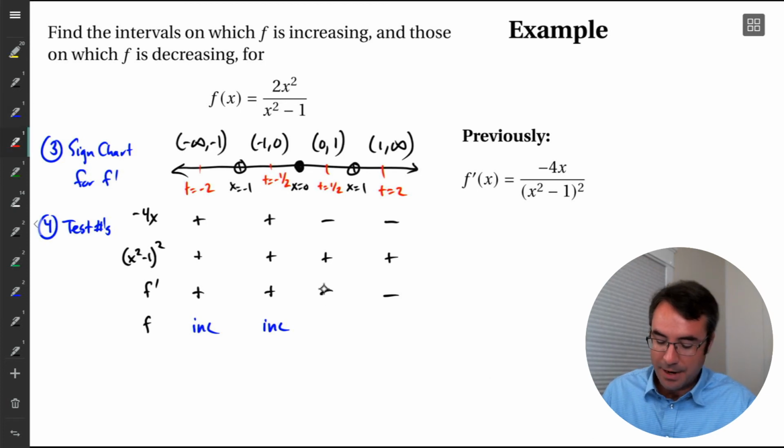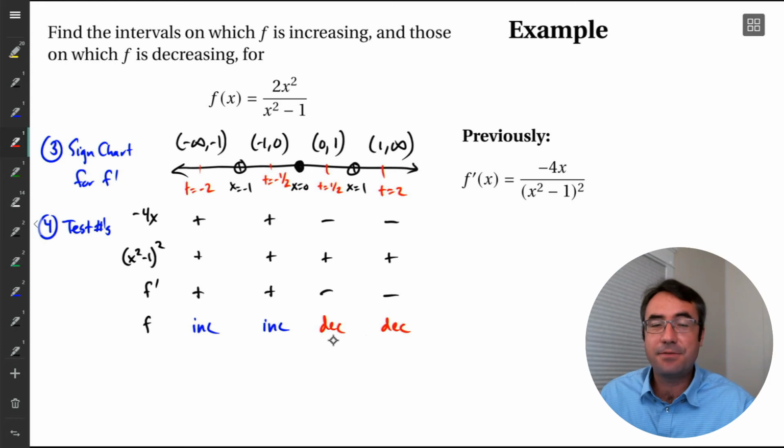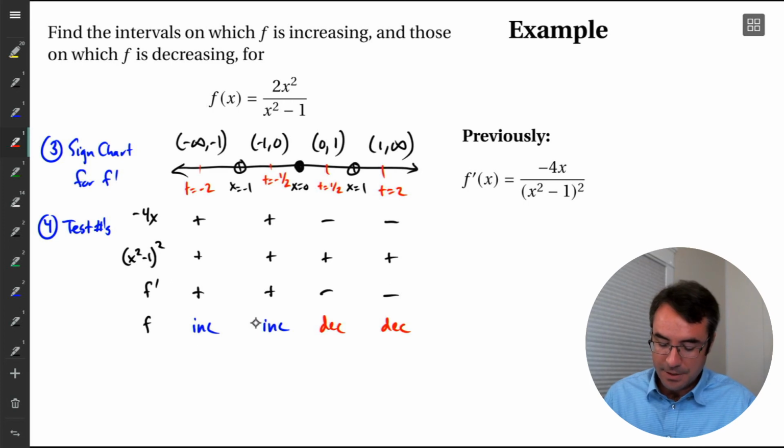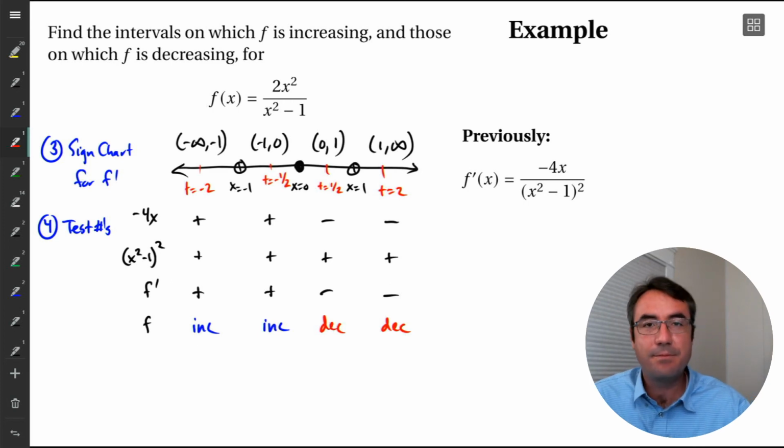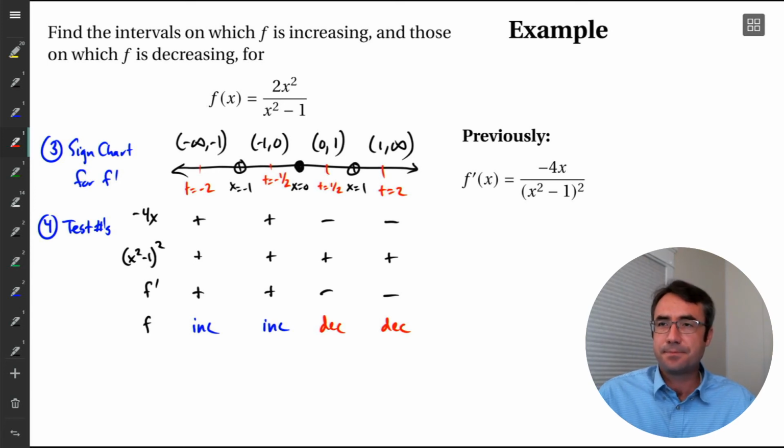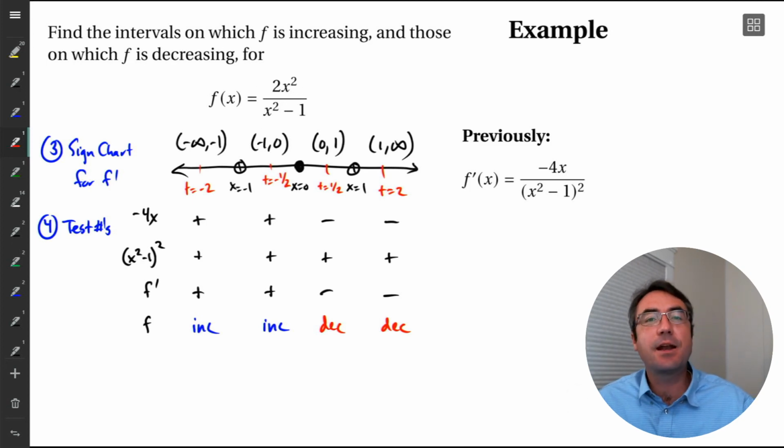And when f prime is negative, that means f, our original function, is decreasing. So we just go through and make that determination, and put it in our sign chart. And now we just need to kind of state our result.